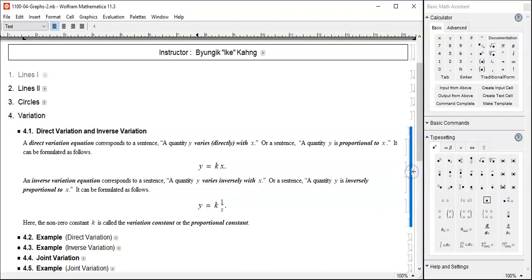So whether you use varies with or proportional to, you have to emphasize the inverse part. So alright, we went through some terms, and then we went through the direct variation equation and the inverse variation equation, not indirect, inverse. But then again, how do we use these? How useful are they?